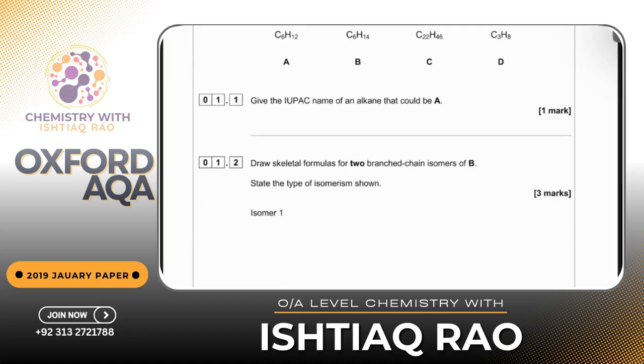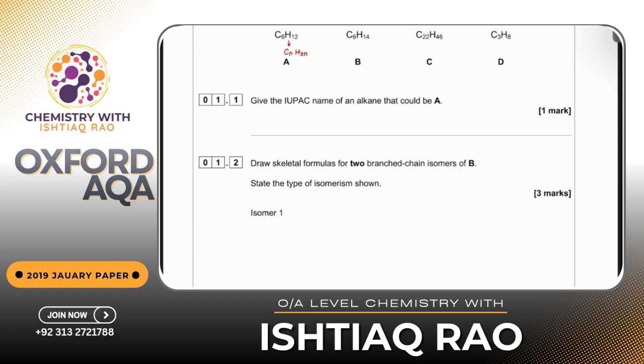C6H12 means that now we are thinking whether I'm supposed to draw a straight chain structure, a cyclic structure, or any branched structure. Because it has 12 hydrogen atoms, like the double of carbon, it means that this is CnH2n. It shows that this is an alkene.